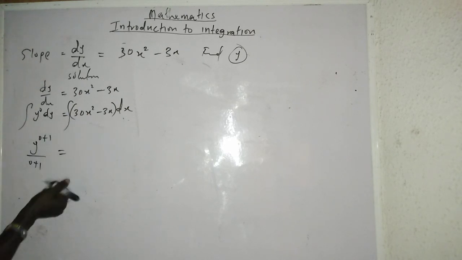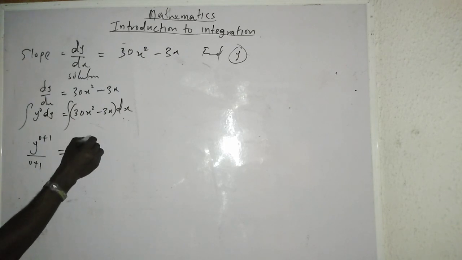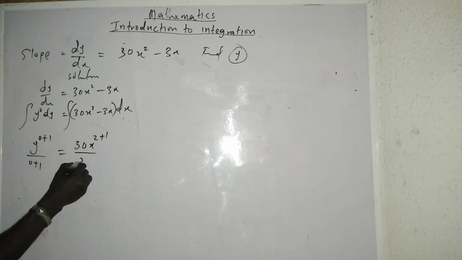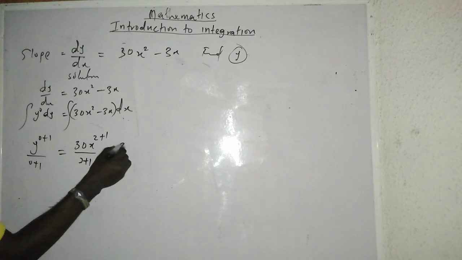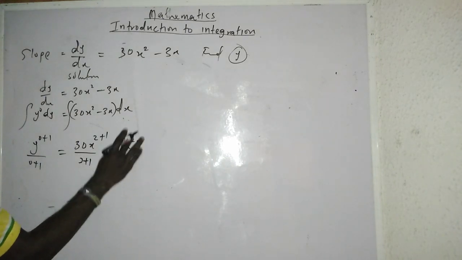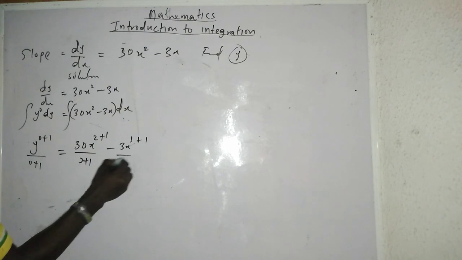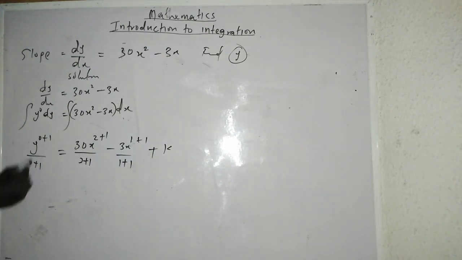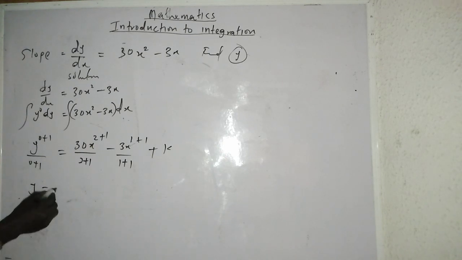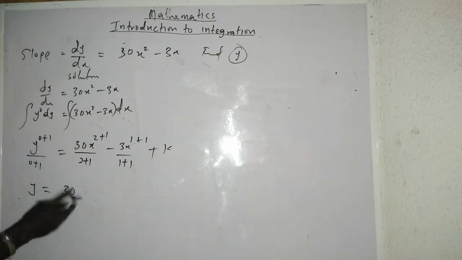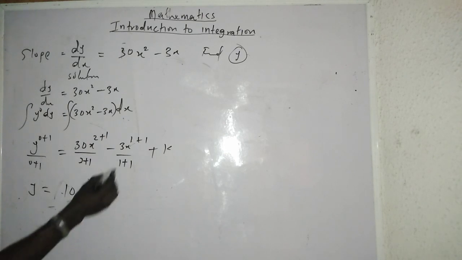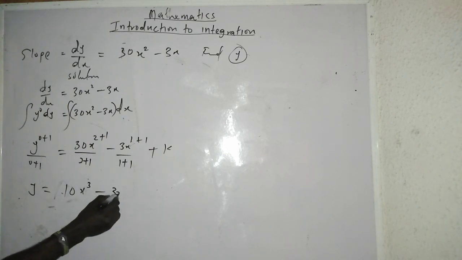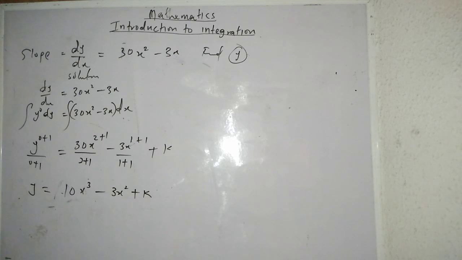Now, for this one, I'll be having 30x to the power 2 plus 1 all over 2 plus 1, minus 3x to the power 1 plus 1 all over 1 plus 1, plus k, which I will have now y all over 1 equals 30 over 3, which is 10x raised to power 3 minus 3x squared over 2, plus k. That is my y.